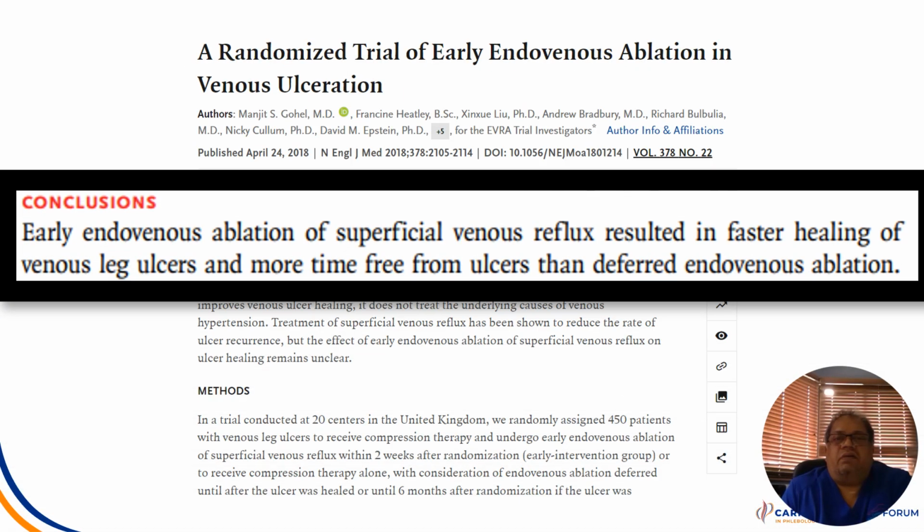This is quite an interesting randomized trial, and the conclusion of this was early endovenous ablation of superficial venous reflux resulted in faster healing of venous leg ulcers and more time free from ulcers than deferred endovenous ablation. Again further supporting early intervention in venous disease with this minimally invasive technique.